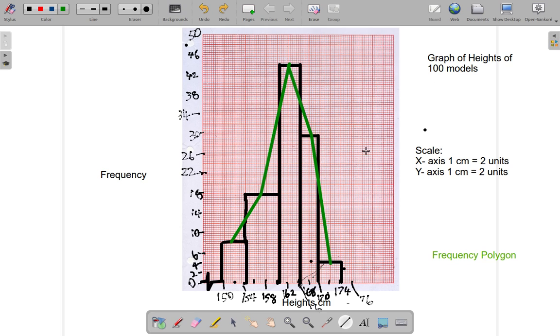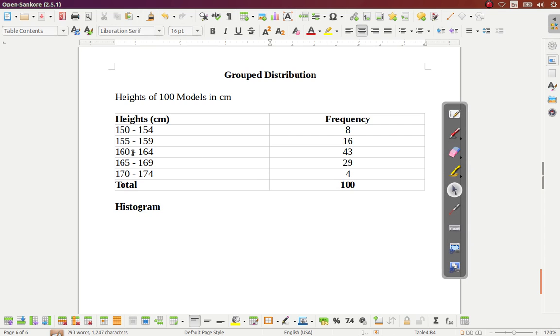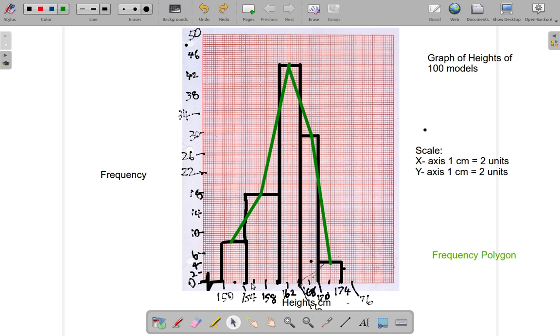I notice something here. Why is it that this bar seems to be so wide? The second bar. Let me see something here. 155 to 159. Oh, it should have ended here, you know. This bar should be this wide.